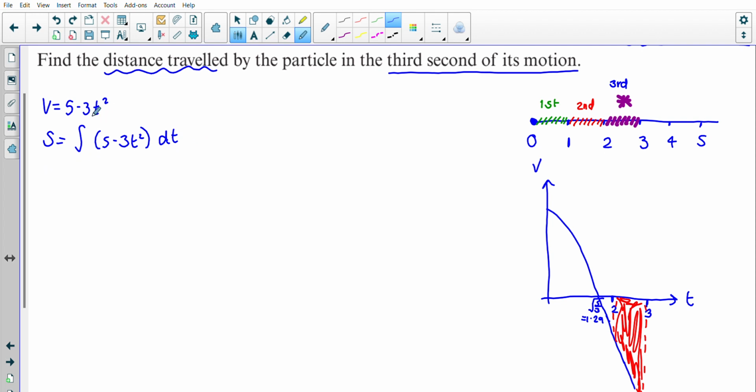And I'm going to put limits on here. So I'm going between the limits of 2 and 3, the largest limit on the top, the smallest limit on the bottom. And if you remember, you've got your square brackets when you've integrated. And 3, 2 there. So I'm going to substitute in 3. And take off 2 substituted.